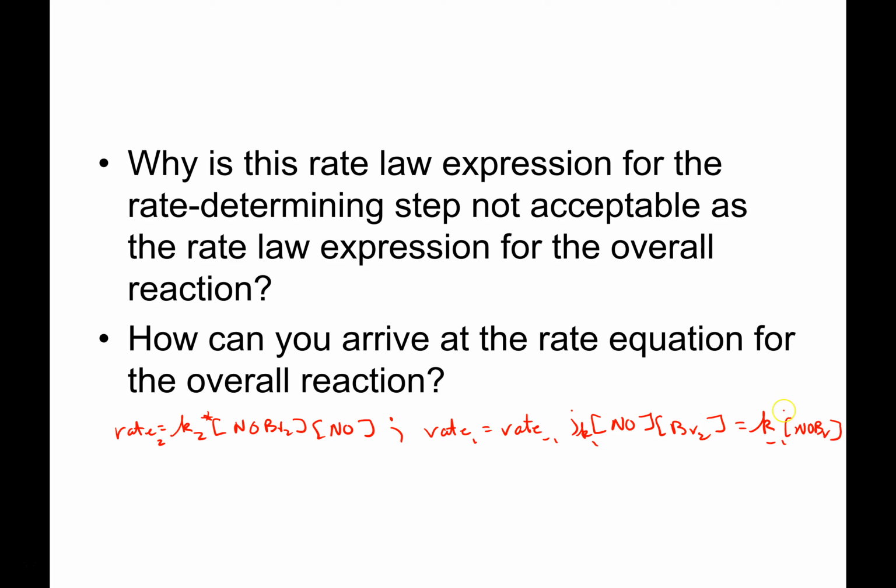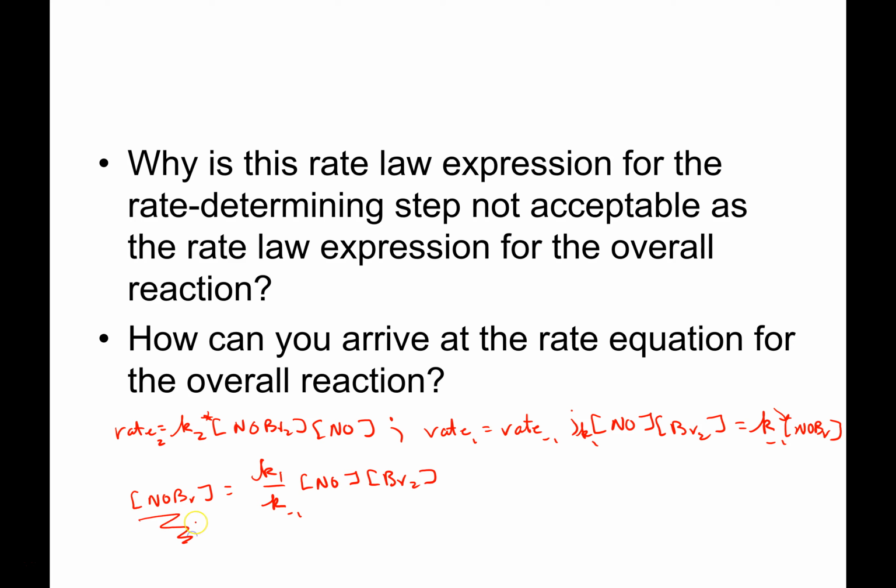And then I'm trying to solve for this one. The molar concentration of NOBR is equal to K1 over K minus 1 times the molar concentration of NO times the molar concentration of BR2.